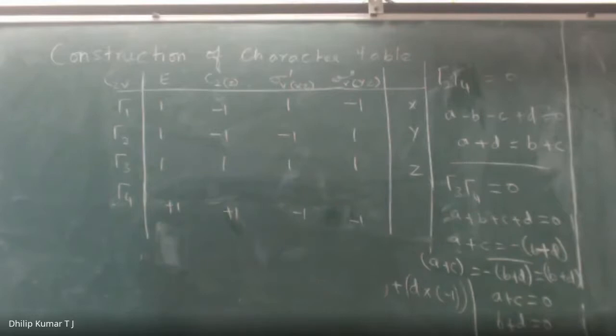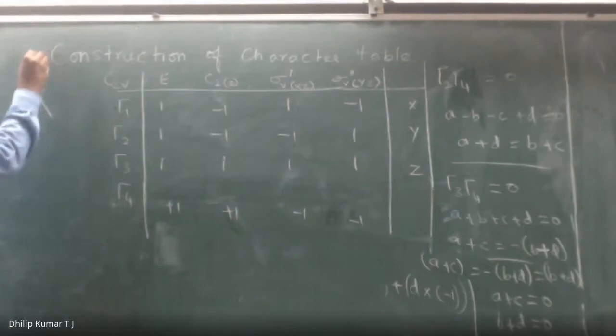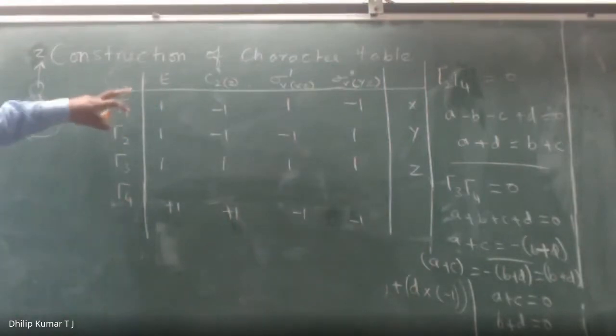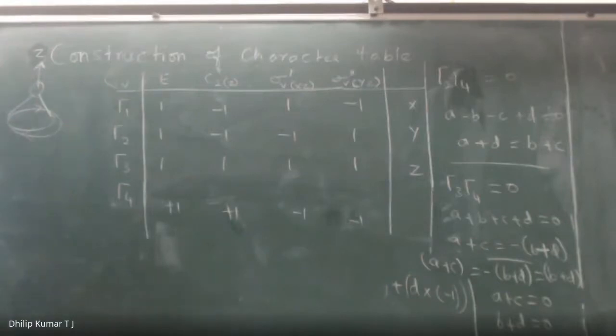For example, in water, we have considered this as the Z axis. If it is rotating clockwise and you use the operation E, it's not going to change, so it is 1. C2, if you rotate again clockwise, it continues to rotate, so it has to be +1. So it could be gamma 3 or gamma 4 if it rotates. And for the sigma V plane, if you place it like this, then it starts rotating in the anti-clockwise direction.